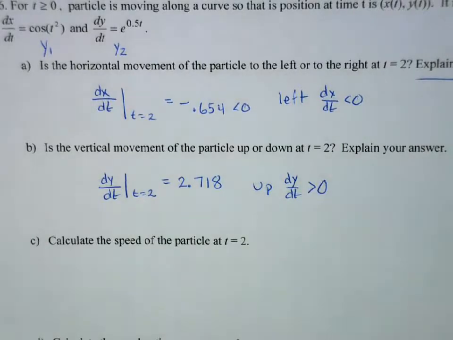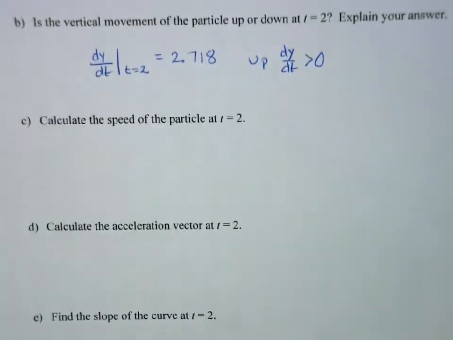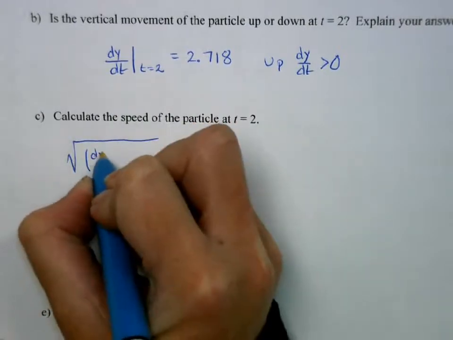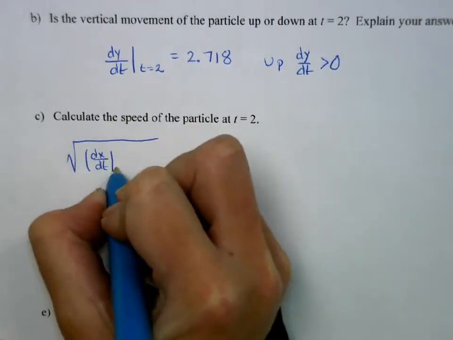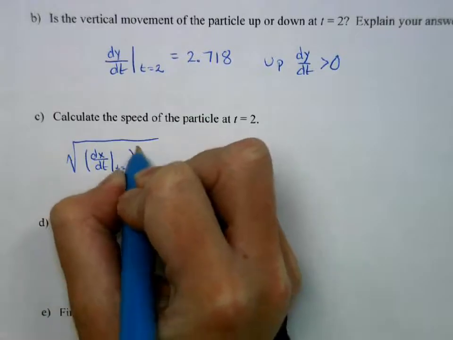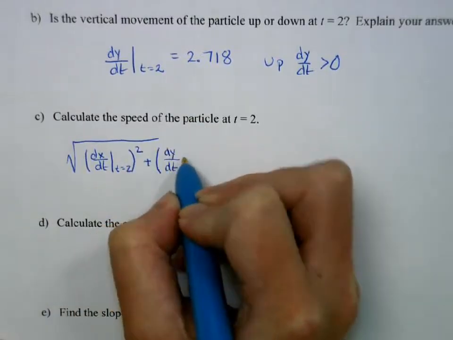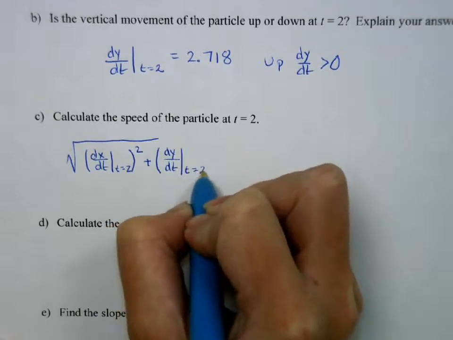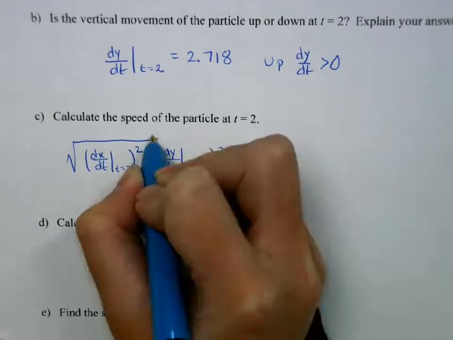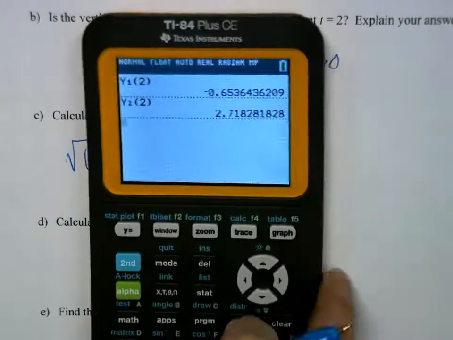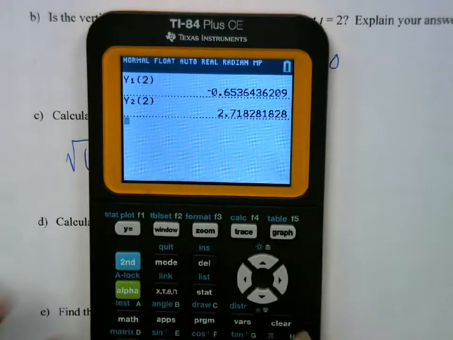Speed is the square root of dx dt evaluated at t equals 2 squared plus dy dt evaluated at t equals 2 squared. Okay, so you have a couple options here because we did just find those, but I'm going to show you how you can do it all in one step in case you need to in the future.